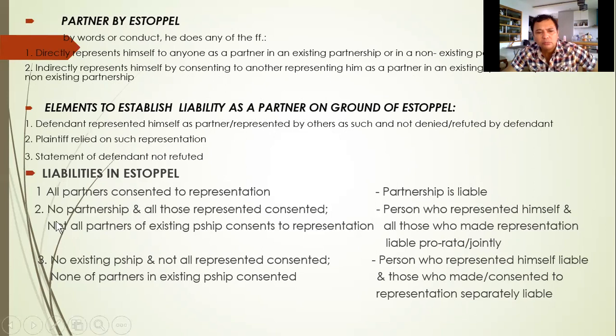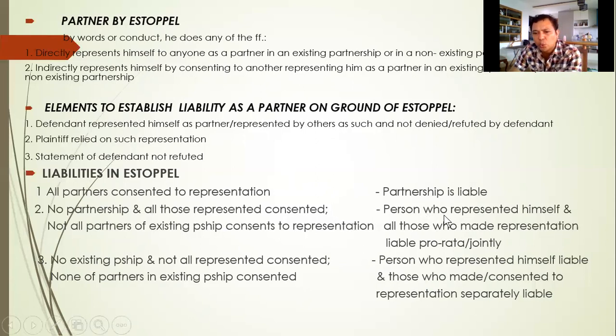Number two, no partnership. There's no partnership. And all those represented consented. So this representation, by the way, is false, no? Because there's no partnership. Somebody falsely shows papers that there is a partnership, a contract signed, even though there's not.